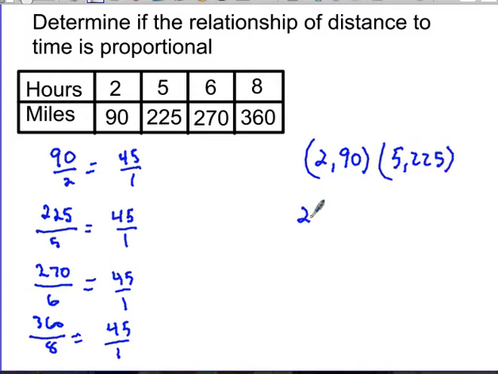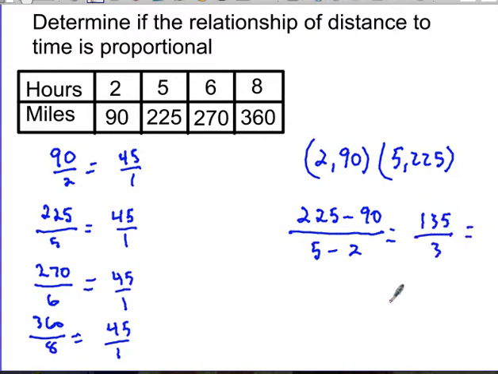That means y2 minus y1 over x2 minus x1. 225 minus 90 is going to be 135, over 3, and what does that equal? 45 over 1.